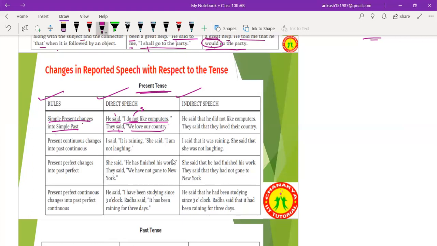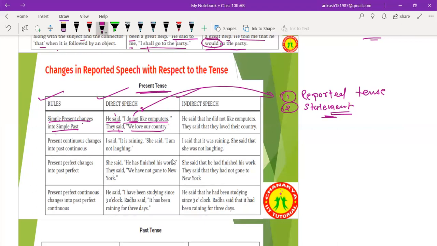So first you have to see here the reported tense. And the second thing you have to see here is the statement. Why is the statement useful? Because which connector you would use there is defined by the statement.